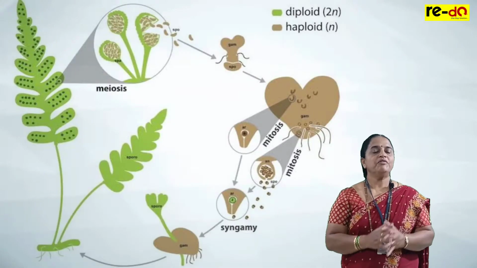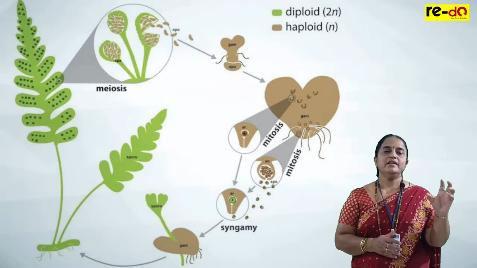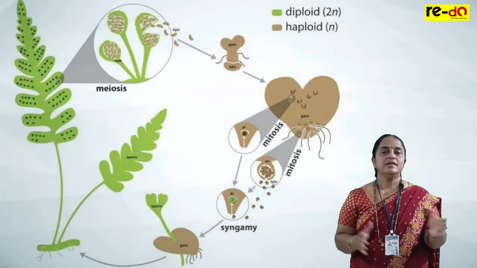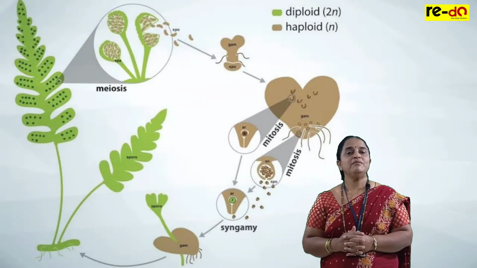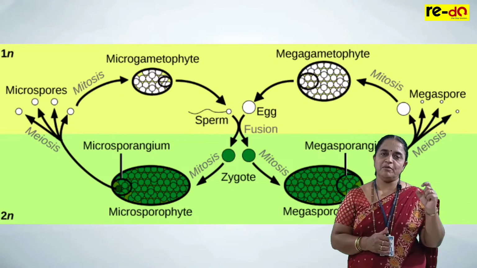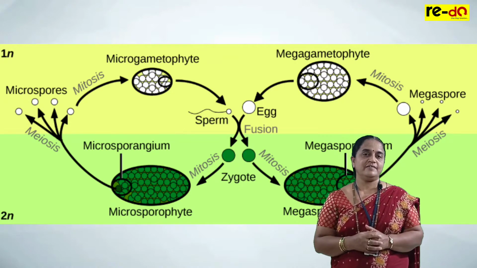Now, in Pteridophyta, most of the plants are homosporous, producing equal type of spores or similar spores. But here, the plants from Gymnospermae will produce two types of spores. Microspores, which are minute in size, and megaspores, which are larger in size.